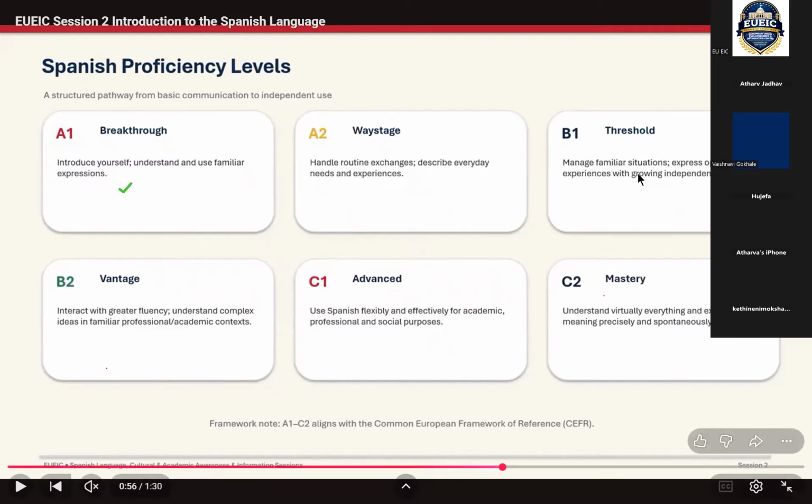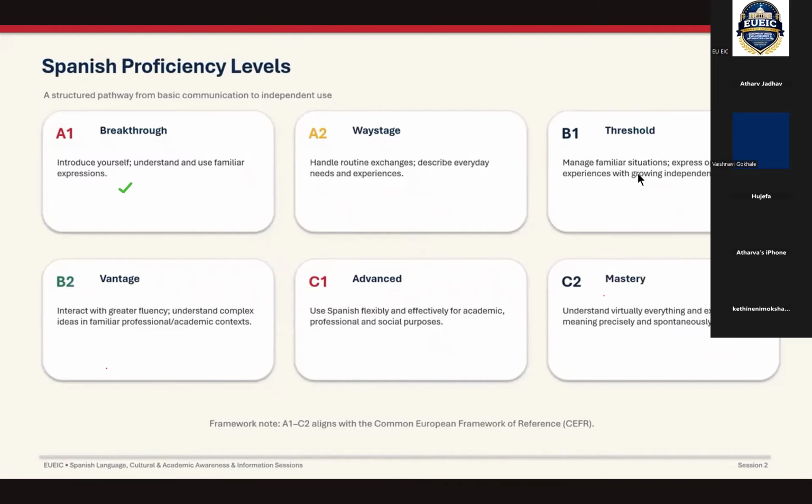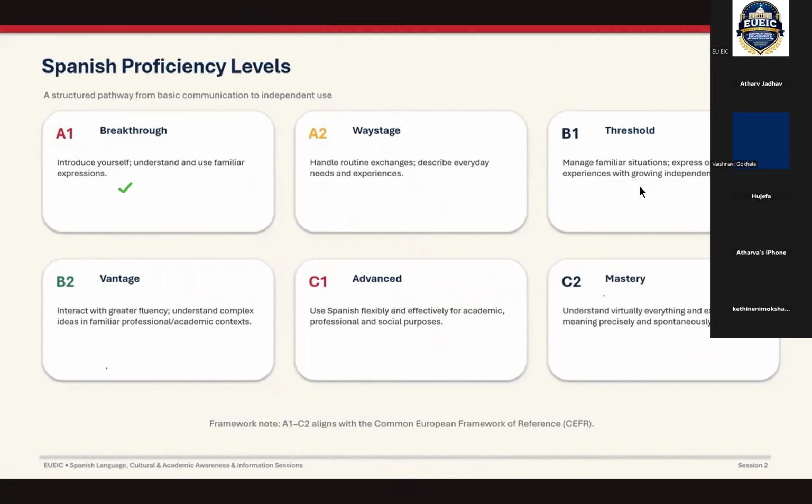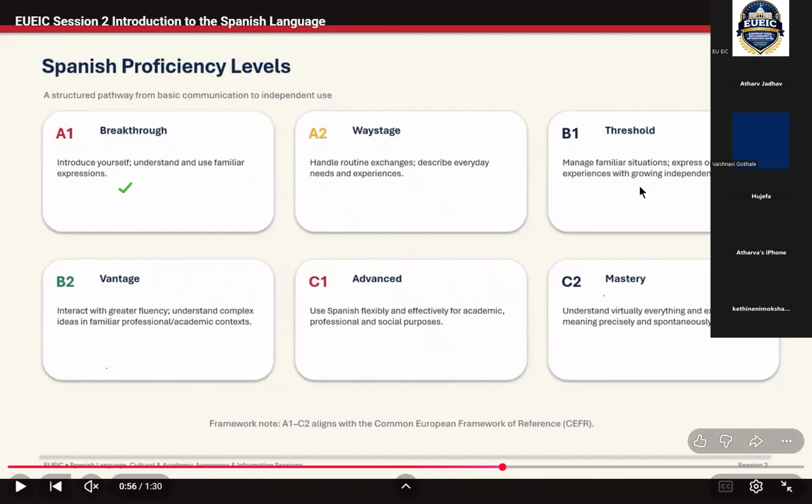Then comes the B1 threshold, which is slightly advanced. All right. So you'll be able to manage situations, you'll be able to express a lot of your opinions and all of that. So for travel purposes, A1, A2 is sufficient. B1 is also there, but A1, A2 is good enough.